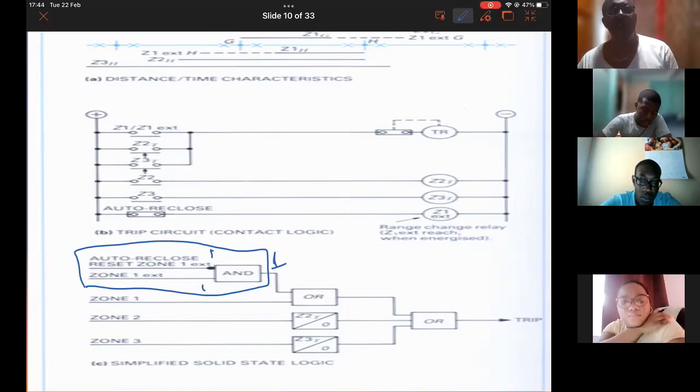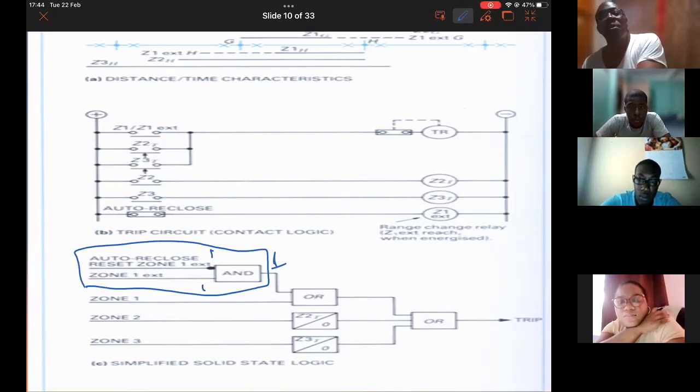And a contact from the autoreclose relay will reset the system to its original 80%, 120%, Zone 1, 2, 3.